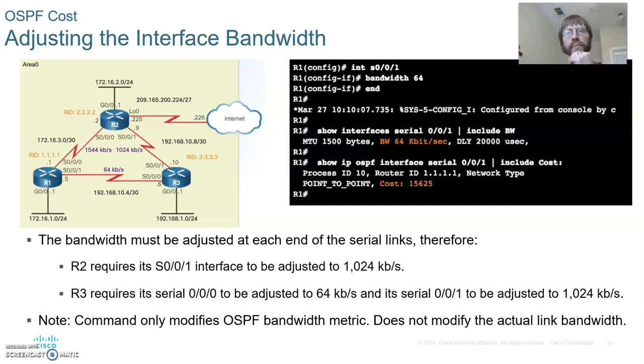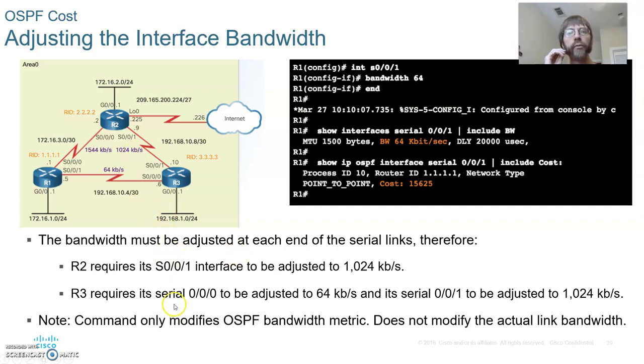So if you want this S0/0/1 to actually run as though it were a DS0 64 kilobit line, you set that there. If you want to treat this S0/0/0 as though it were a true T1 line, you can more or less leave it alone because that's what it's going to treat it as. Say, for example, you want to go halfway in the middle. A single megabit per second. You could set that to 1024 kilobits per second, which is 1 megabit per second. So slower than T1, but faster than BRI.